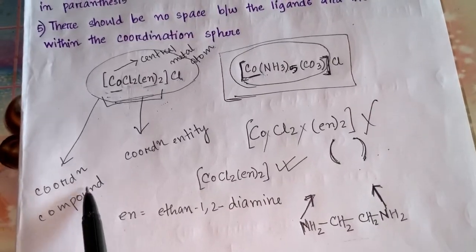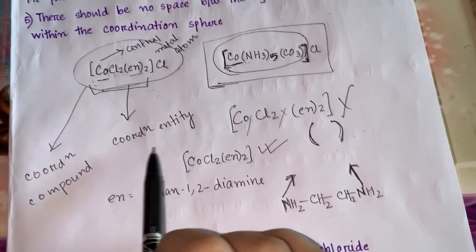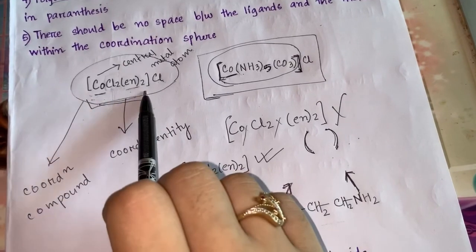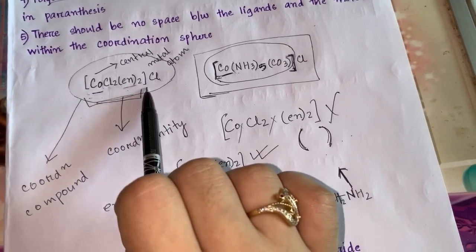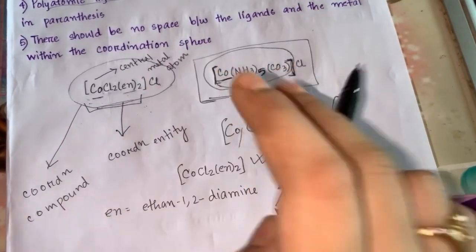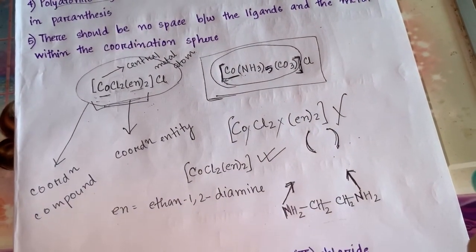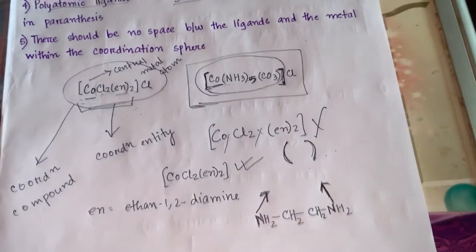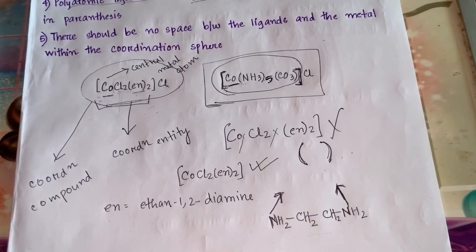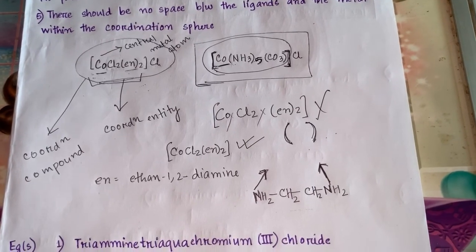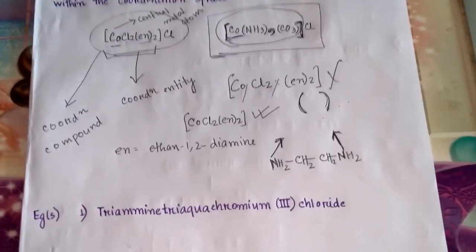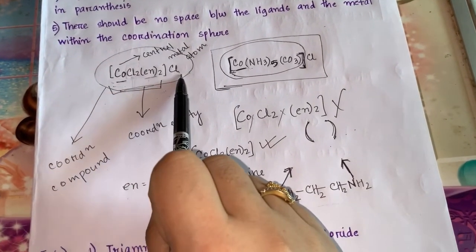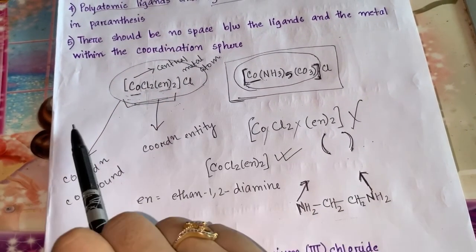And here I have told nicely the difference between coordination entity and coordination compound. The one which is present within the square bracket, remember, the one present within square bracket. 2 types of brackets have been used here. One is the square one, the other one is the simple one which we commonly use. The atoms present within the square bracket make up the coordination entity, and the total compound overall, along with the anion or cation present outside.